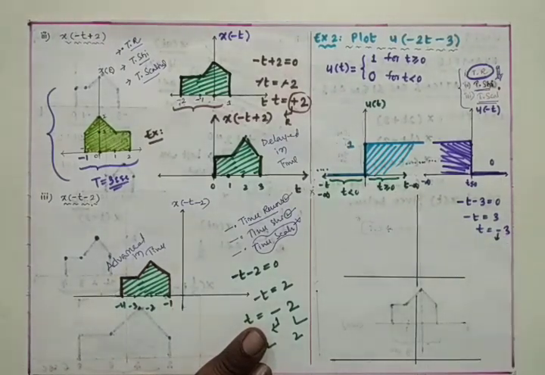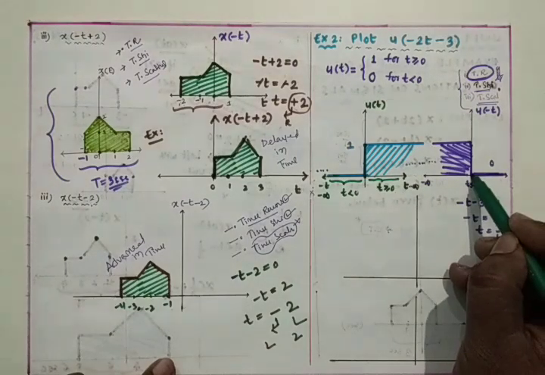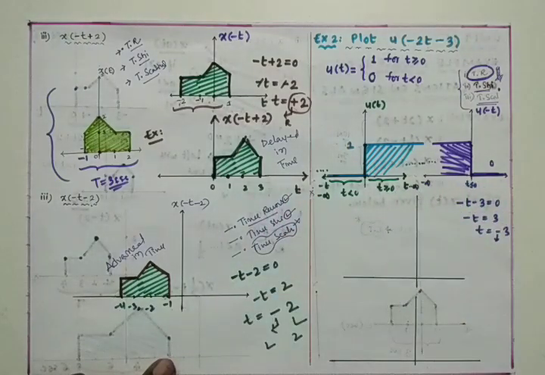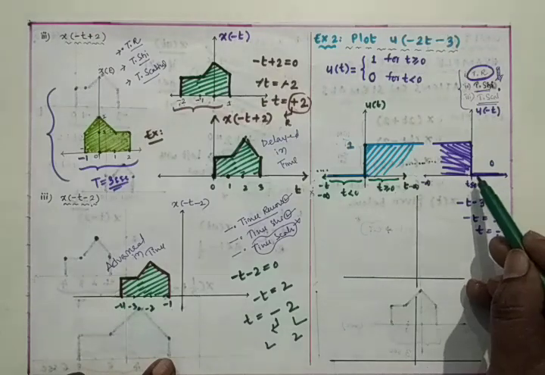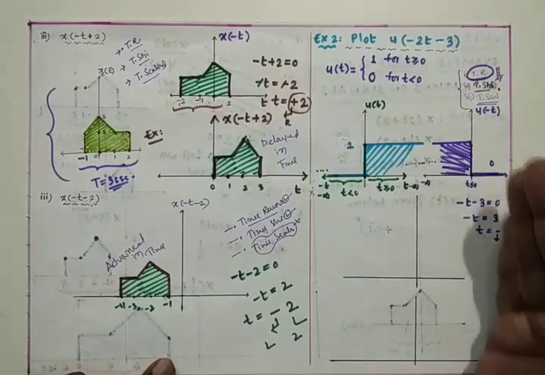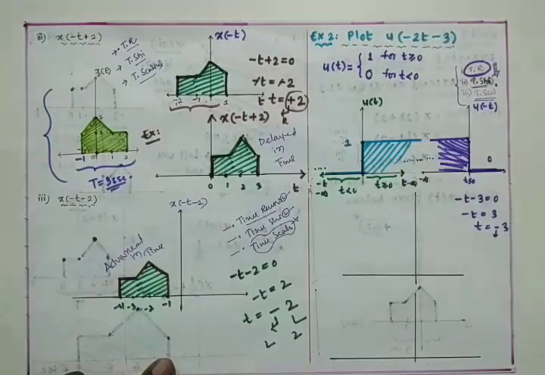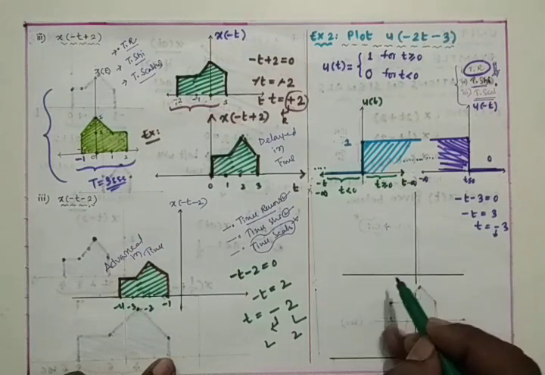Minus means the signal will shift left side. The signal will shift left side by how many units? 3 units. The signal is there from 0 to negative infinity, and the amplitude is 0 from 0 to positive infinity. So this signal will shift left side by 3 units.